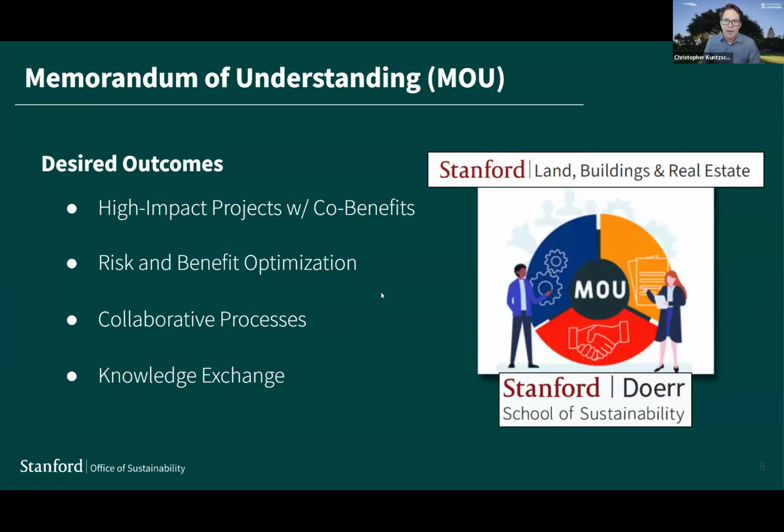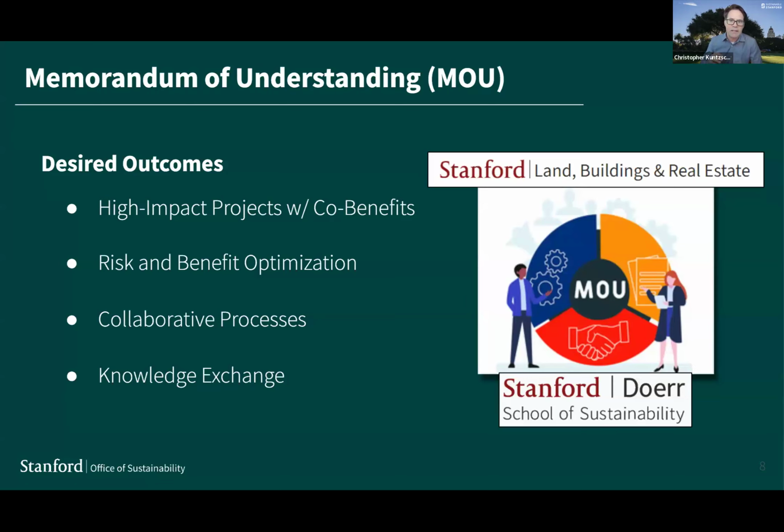So we've seen in the past that collaboration with academic partners can be a really powerful enhancement to operational effectiveness. With this in mind, we developed a memorandum of understanding, the first of its kind, with the Doerr School of Sustainability this last year. That agreement revolves around the following outcomes.